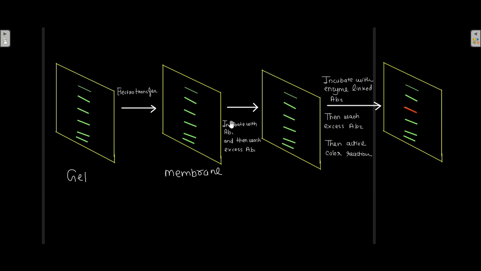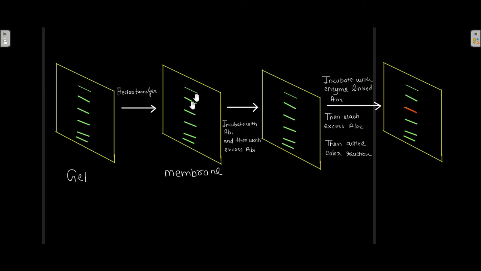Immunoblotting uses antibodies to detect specific proteins. First we separate proteins on a polyacrylamide gel by doing SDS-PAGE, and then we take that gel and transfer those proteins onto a membrane by electrotransfer.